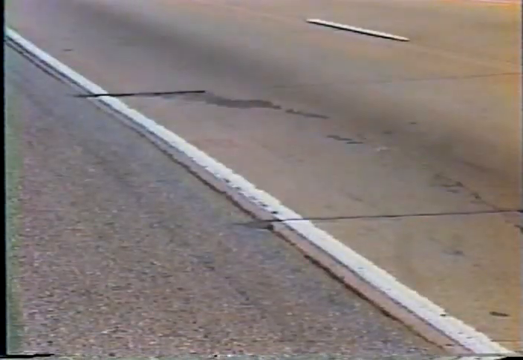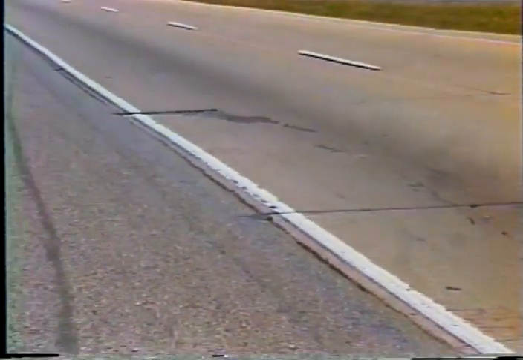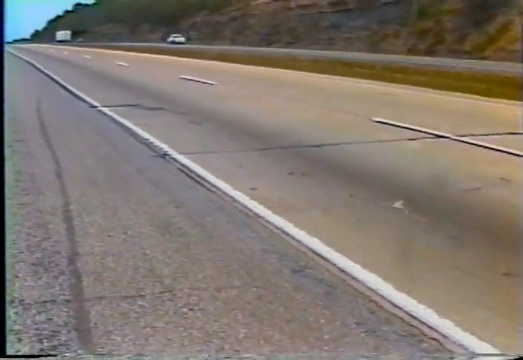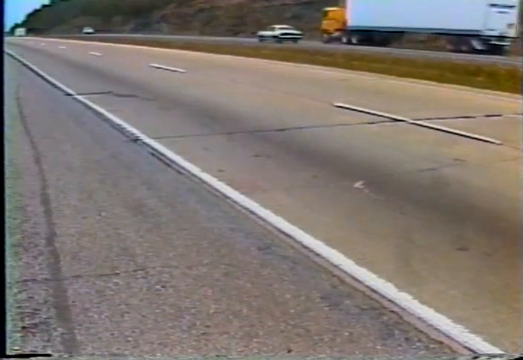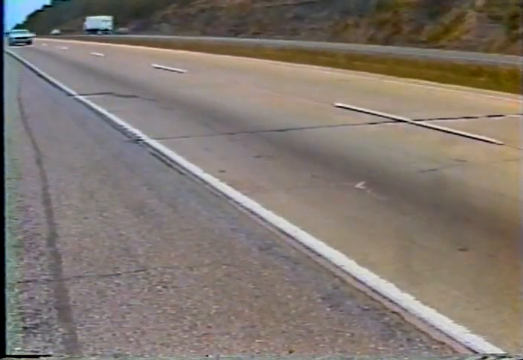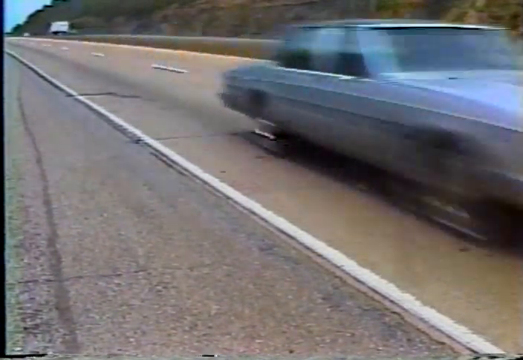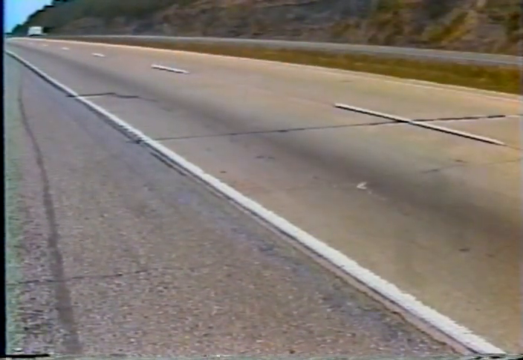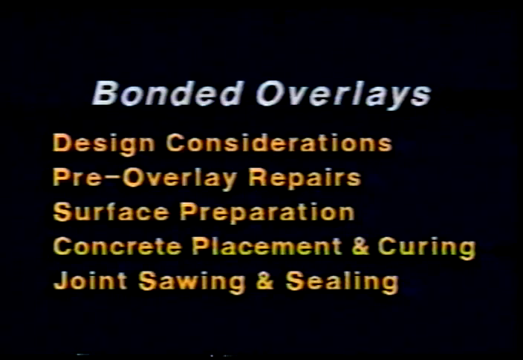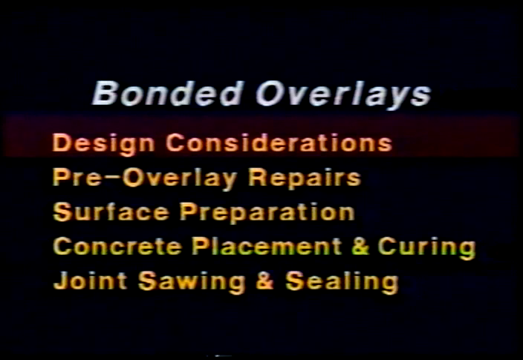The thickness of either type of overlay must be carefully designed by evaluating the existing pavement in detail to determine the extent of deterioration and its remaining structural capacity. AASHTO and PCA design guides provide the procedures for pavement evaluation and overlay thickness design. With that in mind, let's take a close look at the procedures involved for bonded overlays, beginning with design considerations.